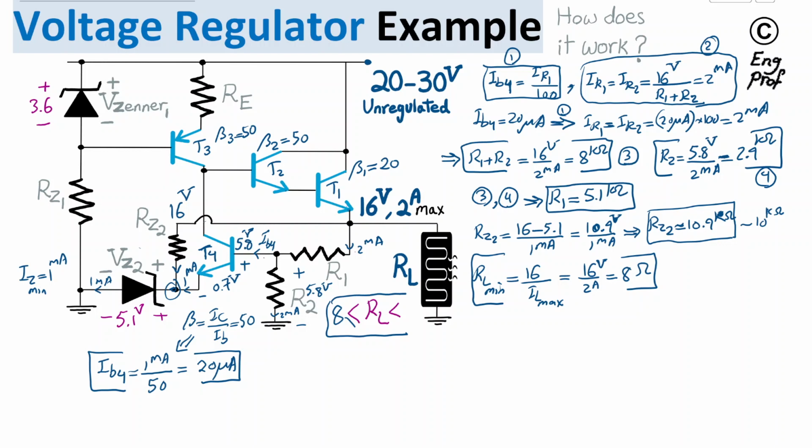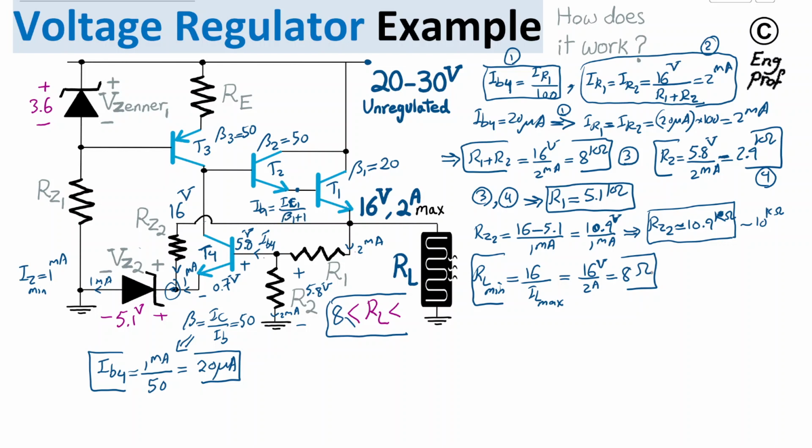When that is the case, 2 amp is being supplied by the emitter of transistor T1, the high power transistor, and by a factor of 20, or 21 actually, we get to the base. I'm going to write it here so that it's clear: IB1 is equal to IE1, which is the output current, divided by beta 1 plus 1.